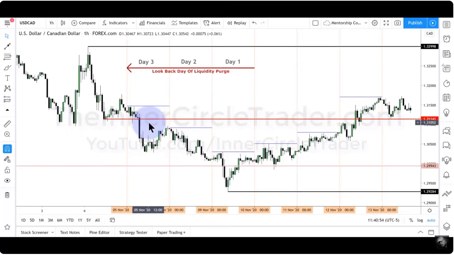It could, but it might not. But if day 3 is still in close contention with this level, in other words, it's not that far above it, and there's not a lot of range between the equilibrium and the previous day's or day 3's high, that buy side liquidity would potentially be attacked.